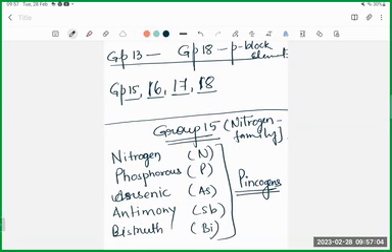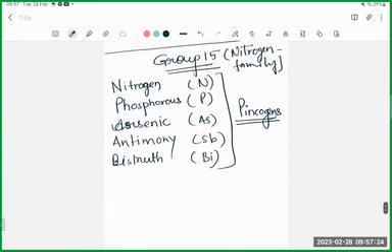Here, nitrogen is the most abundant gas, present at 78% by volume in air. Nitrogen is the most important, and we will study its properties, reactions, structure, and the compounds of nitrogen in detail.